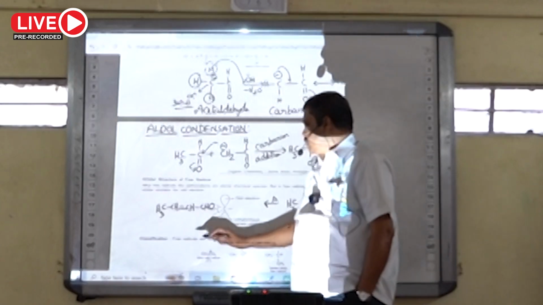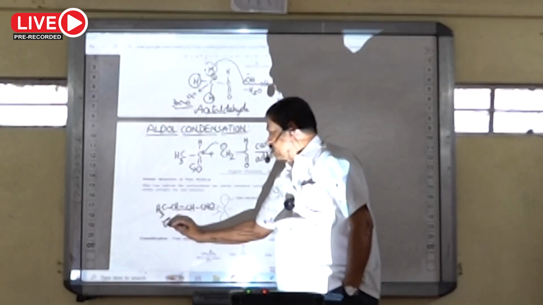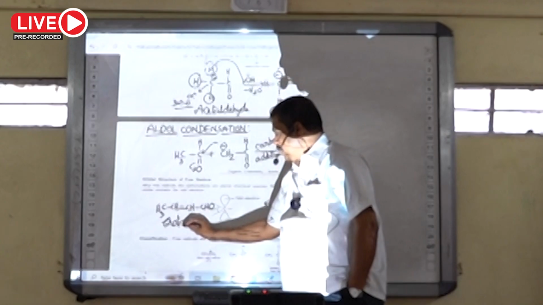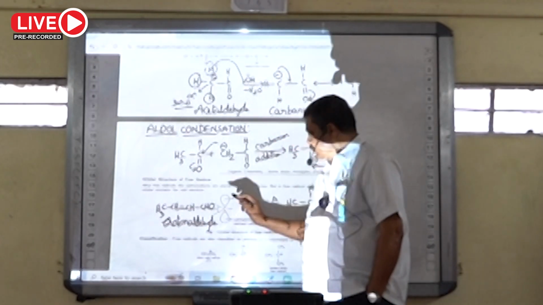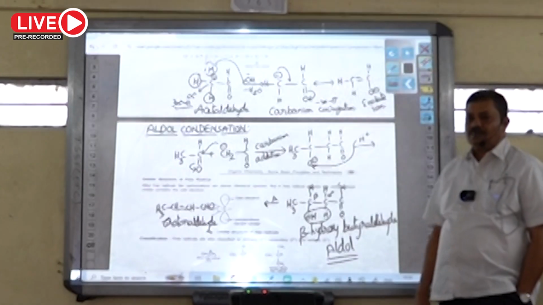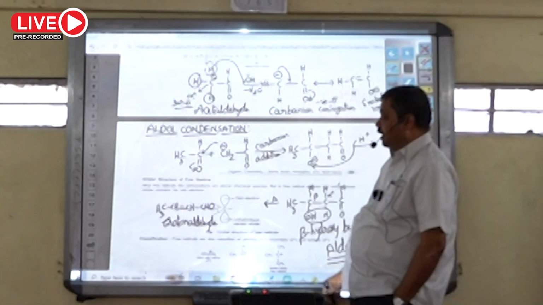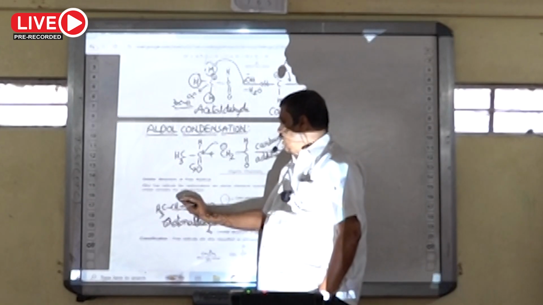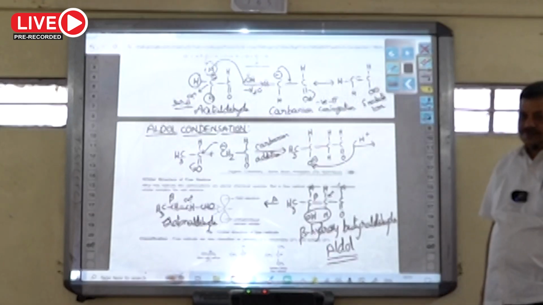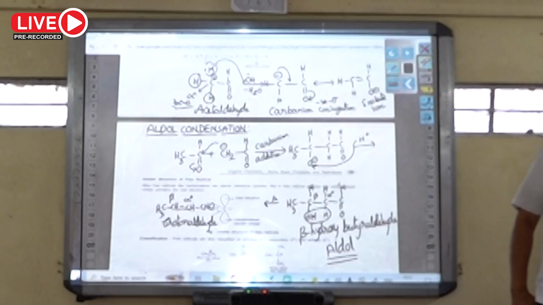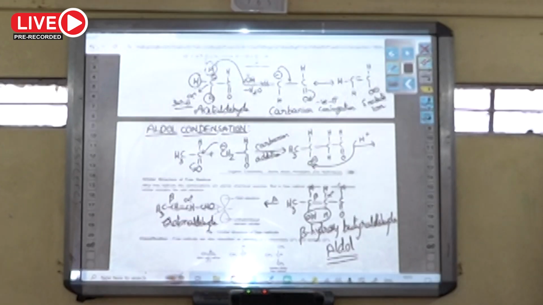You will get a compound called crotonaldehyde. Actually, this crotonaldehyde is an alpha beta unsaturated aldehyde. After writing crotonaldehyde, write below it: alpha beta unsaturated aldehyde.